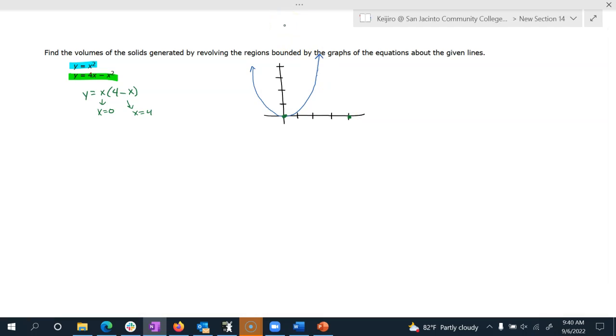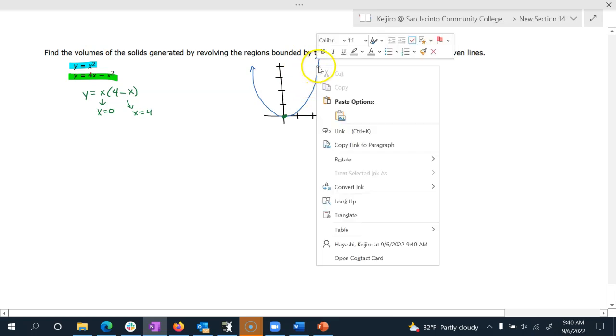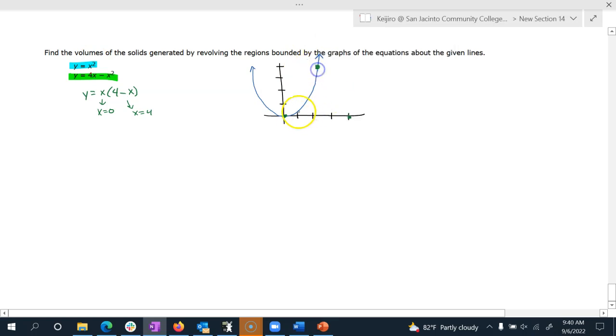And it's a downward-facing parabola. Its axis of symmetry is going to be here. You can also just try to graph this using a graphing calculator. But this downward-facing parabola is 0 here and here, and right in the middle at x equals 2, pretend to plug in 2. That's 8 minus 4. Okay, so that's 4. So it occupies the point 2 comma 4. It sort of has a shape like this.